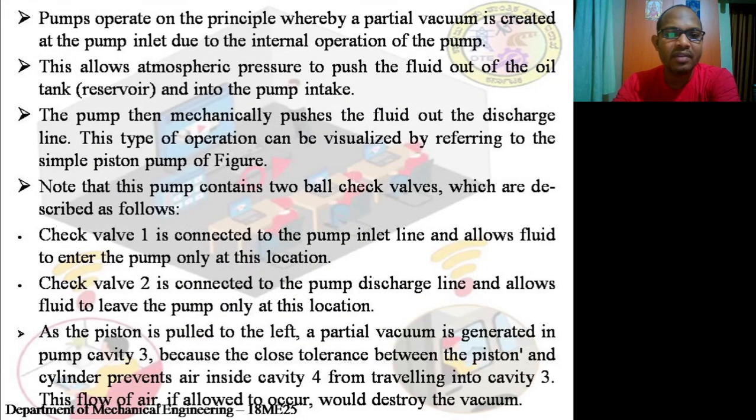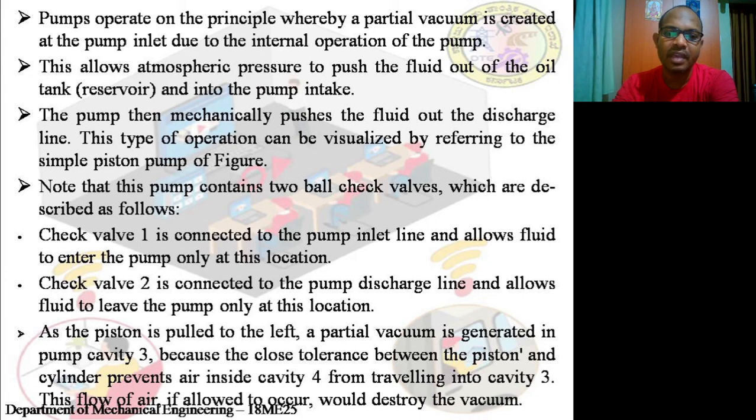Check valve 2 is connected to the pump discharge line and allows fluid to leave the pump only at this location. As the piston is pulled to the left, a partial vacuum is generated in the pump cavity 3, because the close tolerance between the piston and the cylinder prevents air from traveling into the cavity 3.